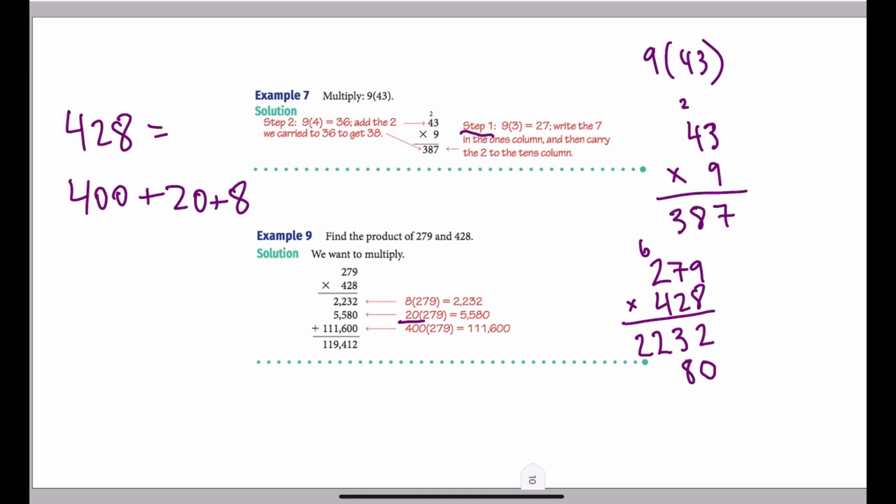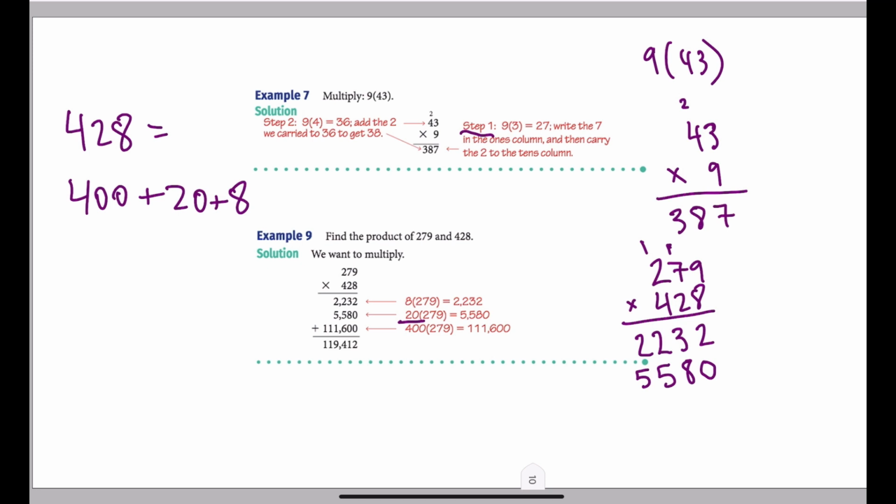I should get rid of these little carryovers from the last round. So 2 times 9 is 18, but 20 times 9 is 180. 2 times 7 is 14, and 1 is 15. 2 times 2 is 4, and 1 is 5.